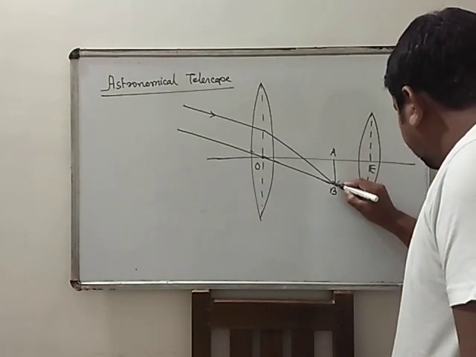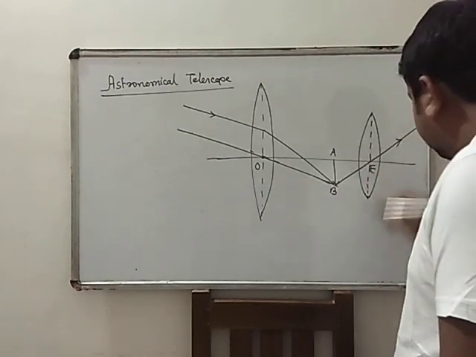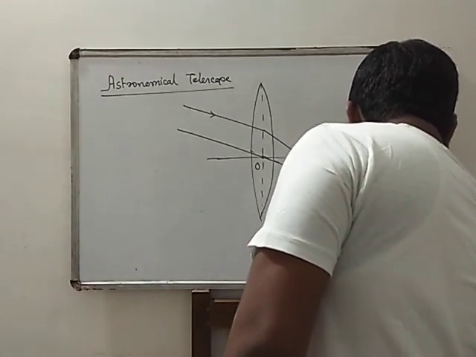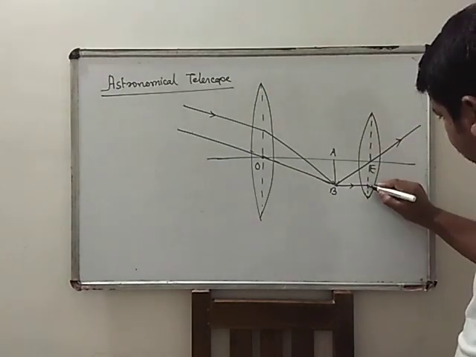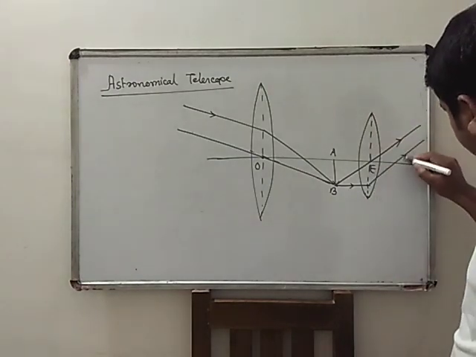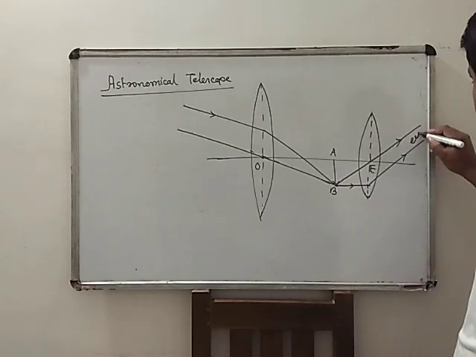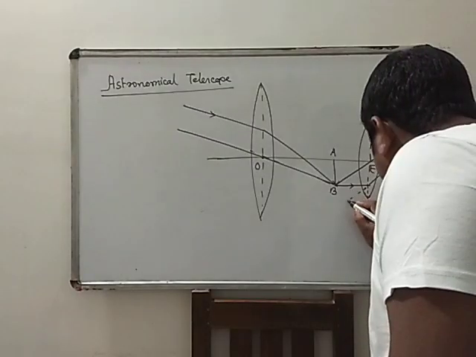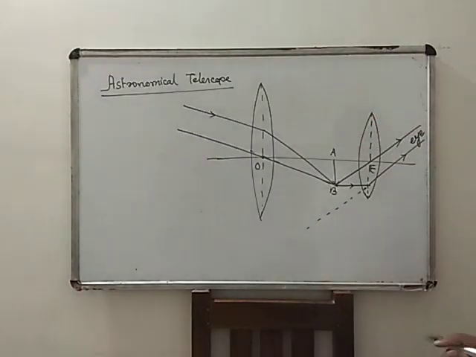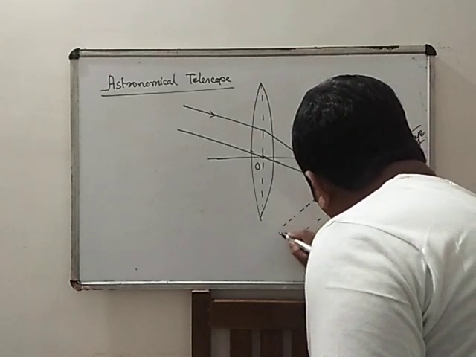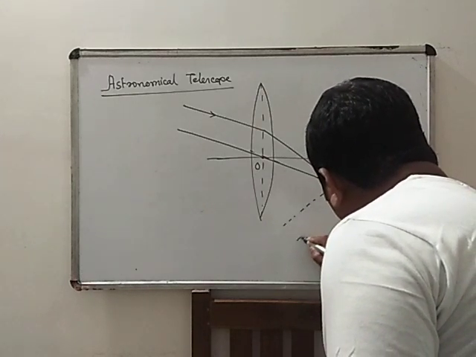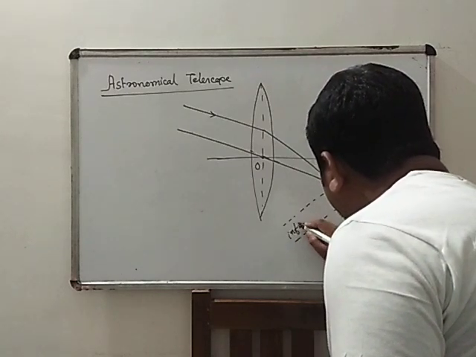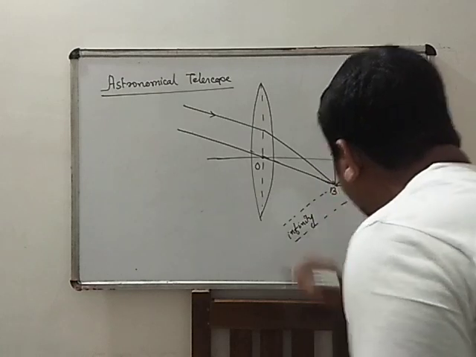One ray of light comes like this, another ray is incident on it, and it becomes parallel, moving to the eye. Then they are extended on the back side like this. So the image is at infinity.